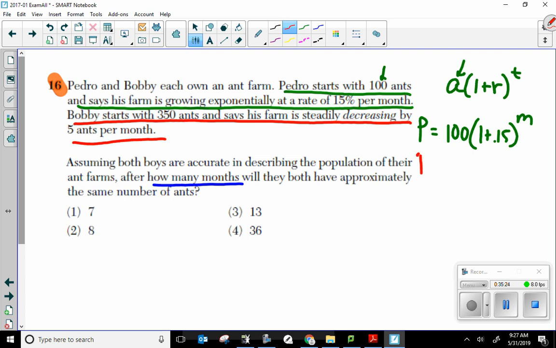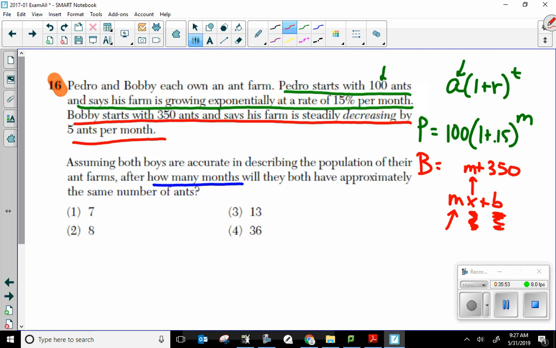Bobby, B. His is linear, so his starting form is mx plus b. This is the y-intercept, the starting value. He is going to start with 350 ants. Months is going to be our variable, our time.